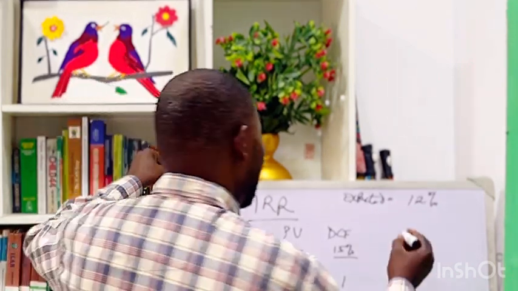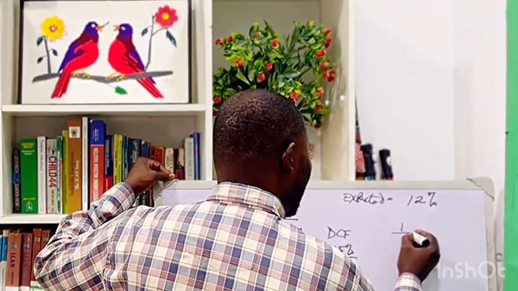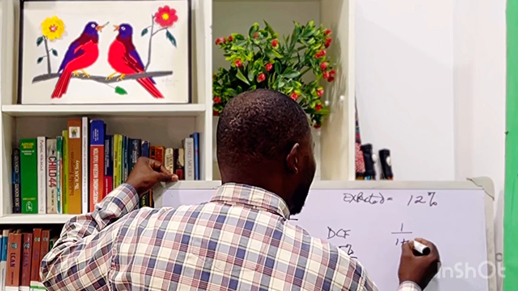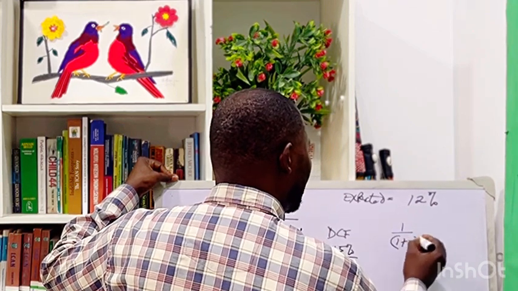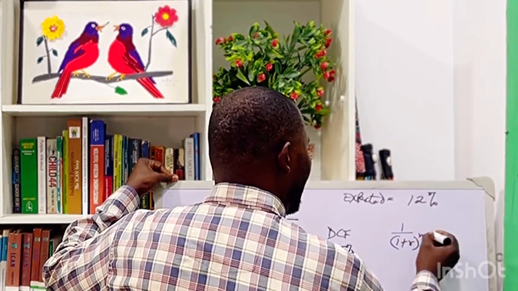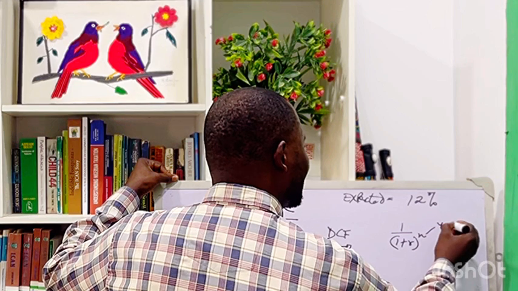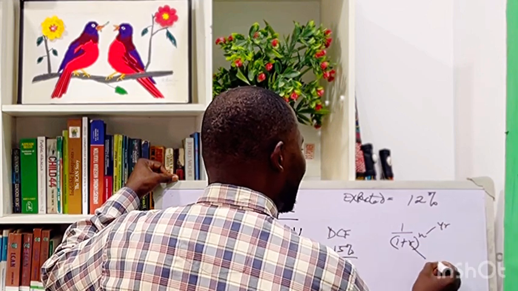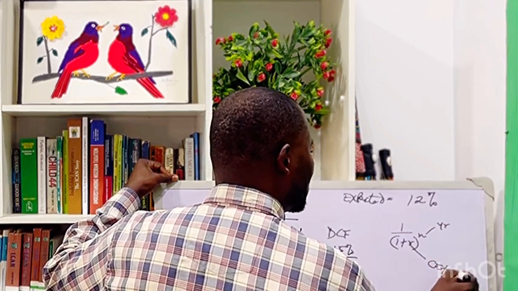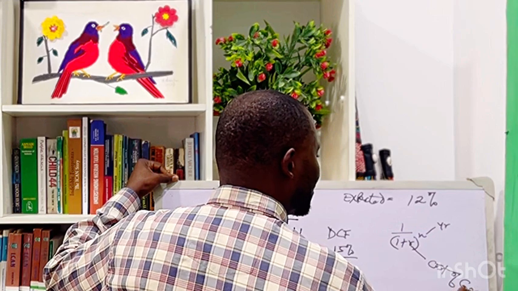Don't forget that what we're doing is 1 all over 1 plus r raised to power n, where n is the year, where r is the cost of capital.